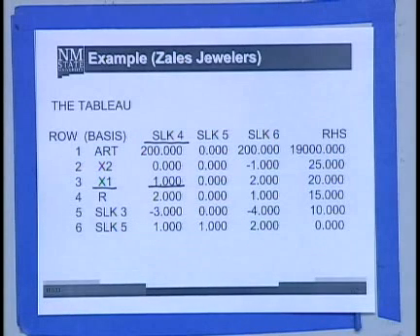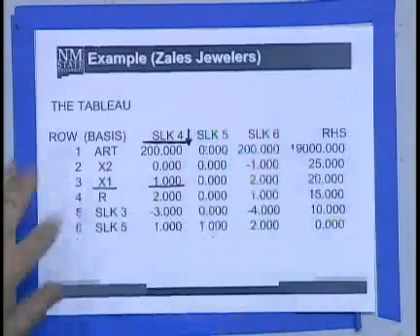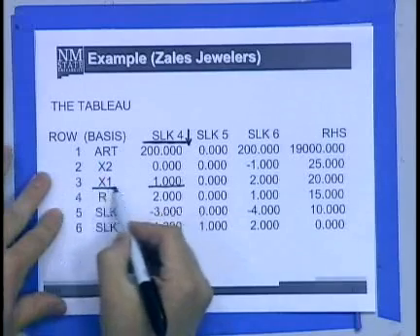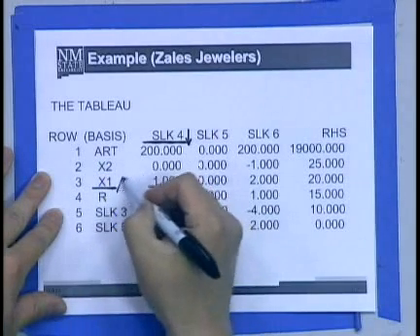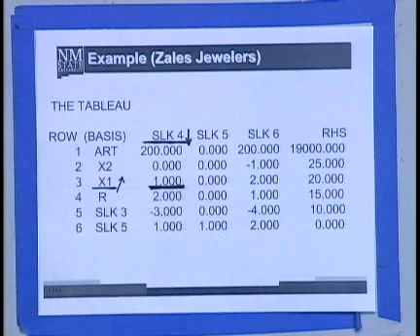Is that right? So as slack 4 decreases, the variable x1 increases at the rate of this. Okay? So the answer is increase. Does that make sense?